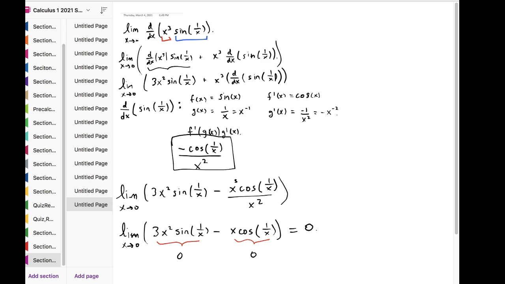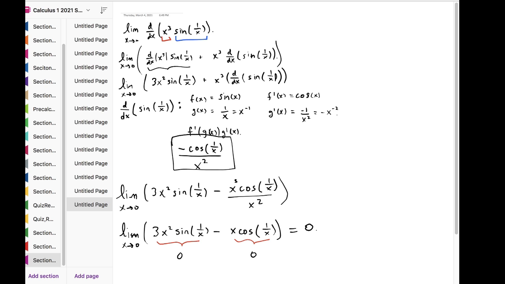And if you look at the picture for x cubed sine of 1 over x, it makes more sense, right? Look at this graph. It makes sense that the derivative is approaching 0. If you were to sketch the derivative, this looks flat near here. Does everyone see that? There's a lot of oscillation going on, but the oscillation is decreasing as I get closer to 0.